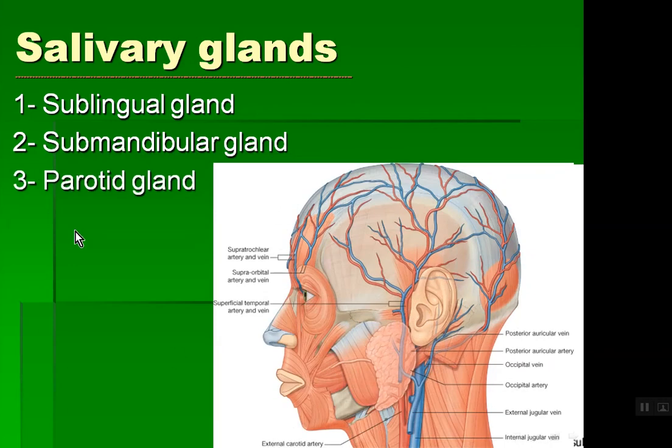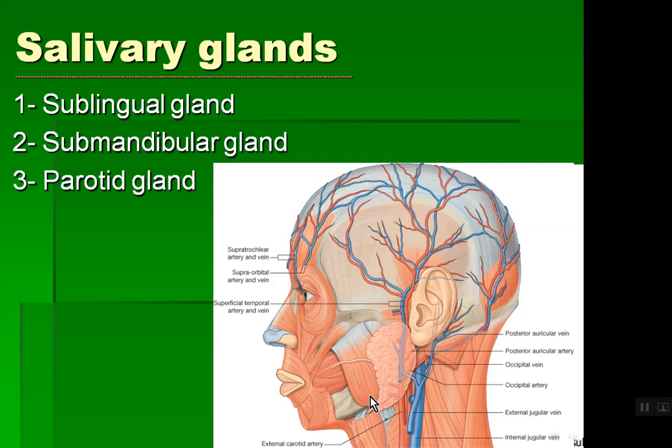And there is another salivary gland, which is the parotid gland, and unlike the sublingual and submandibular glands, its location is outside of the mouth, near the ear, anterior to the ear, as you see here.